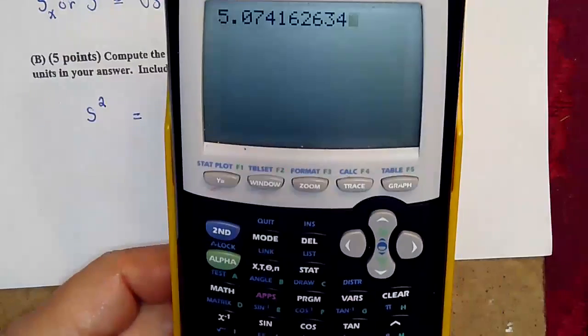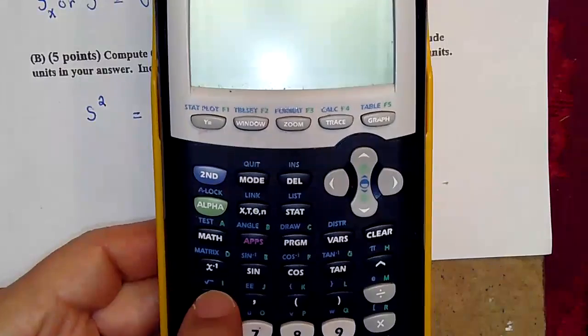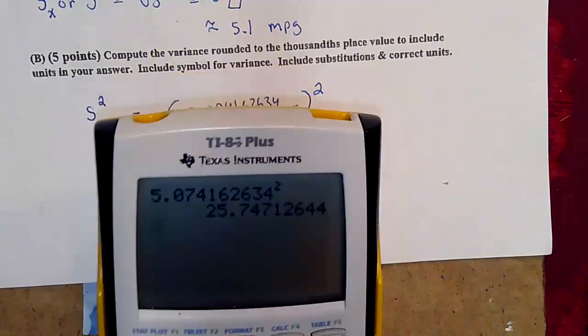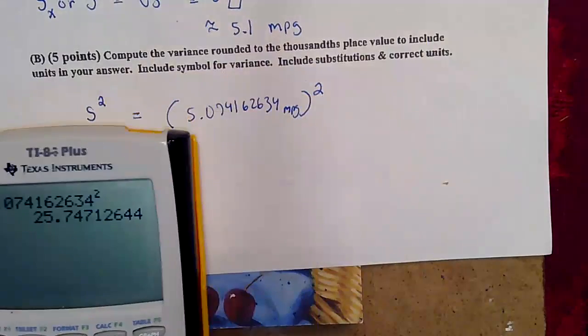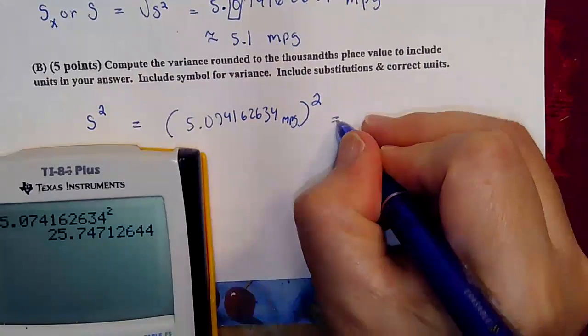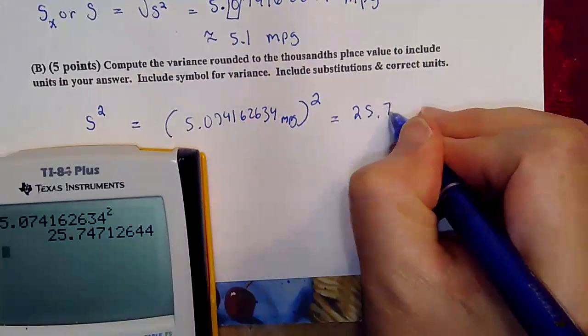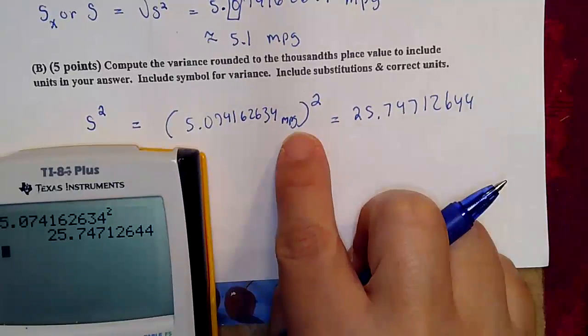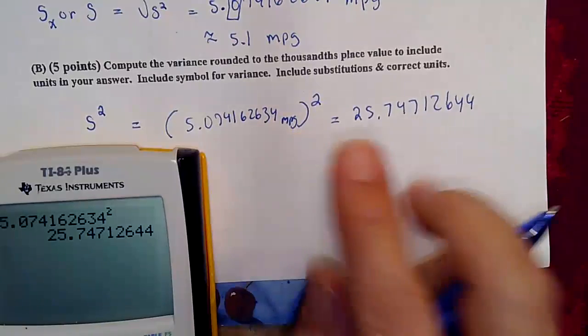See that little x squared right there? Hit that, and then hit enter. Okay, you get 25 point something. Okay, so let's write that down. 25.7471264.